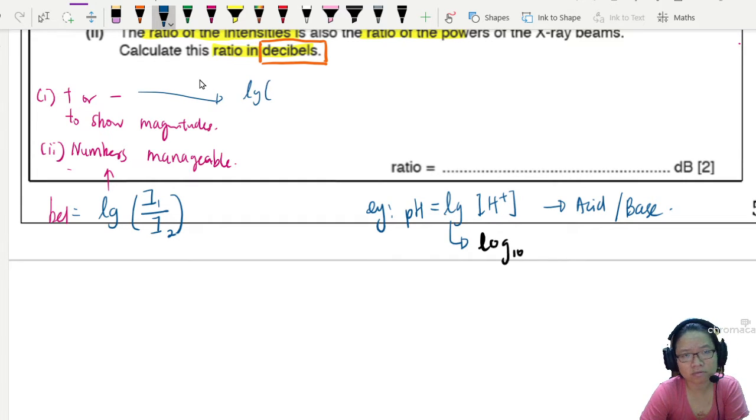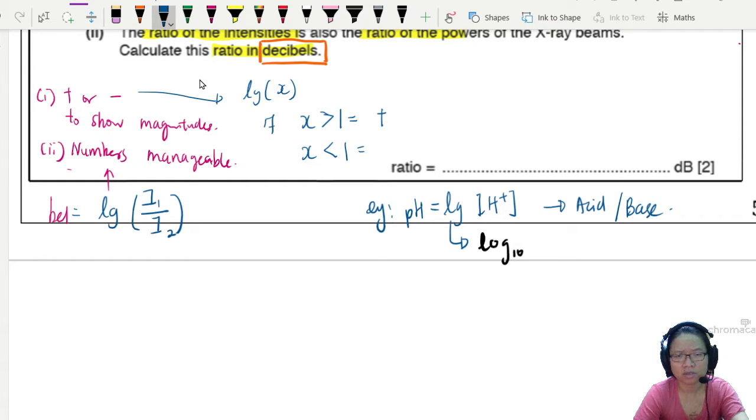if you log something, let's say this is log x. If x is greater than 1, then you will get a positive number. If x is less than 1, but still above 0, you get a negative number.